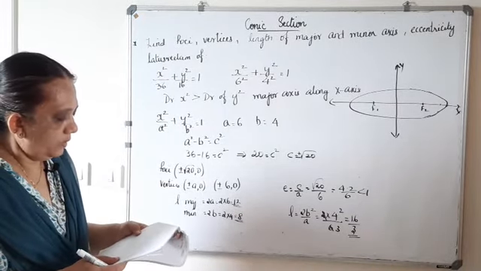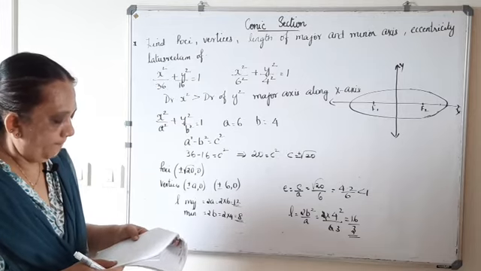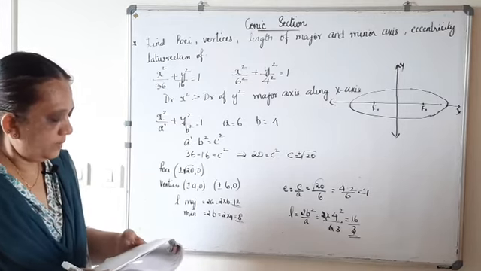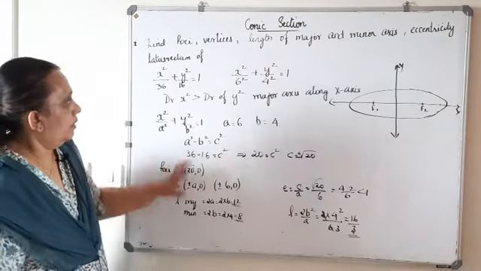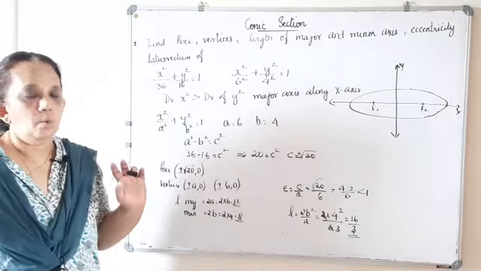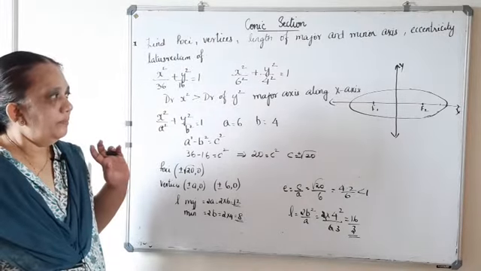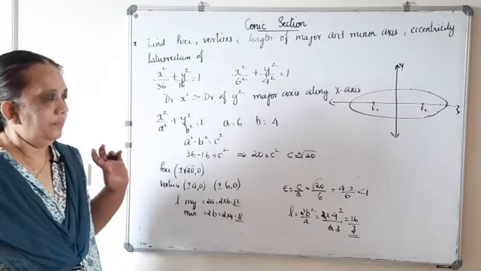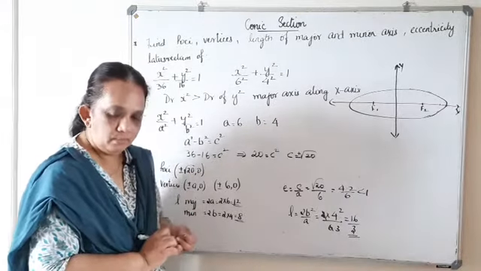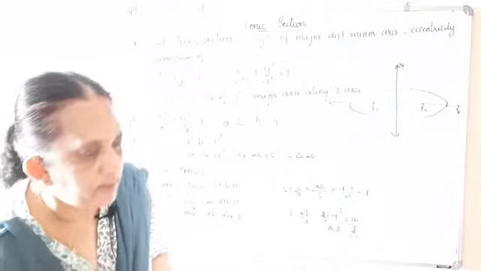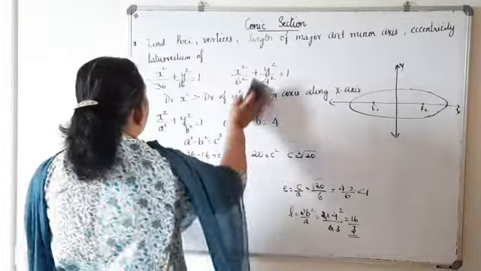Eccentricity e is equal to c by a, latus rectum. So clear? Draw the figure. That's the only way you can make the problem easy. Draw the corresponding conic section, so that all the calculations become easier for you.